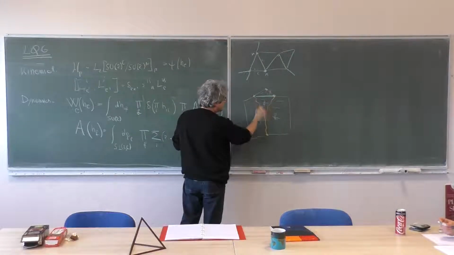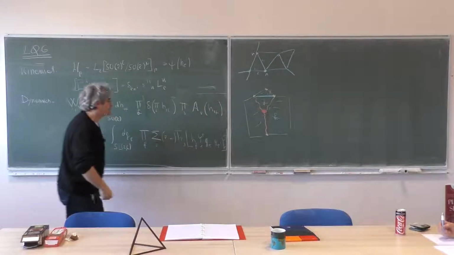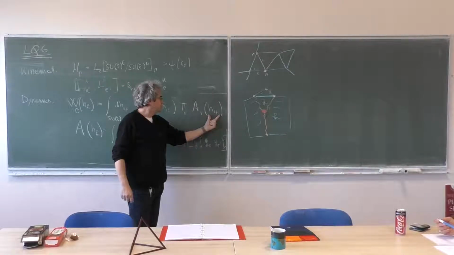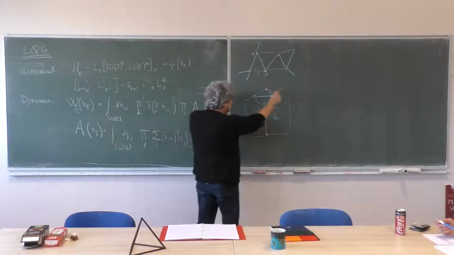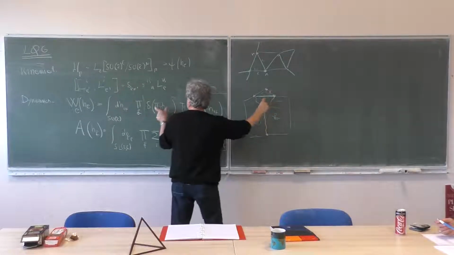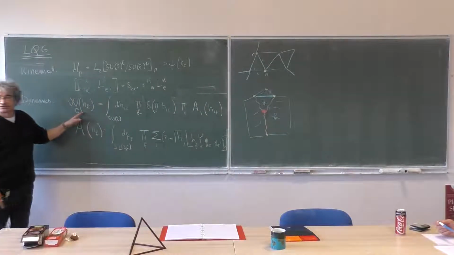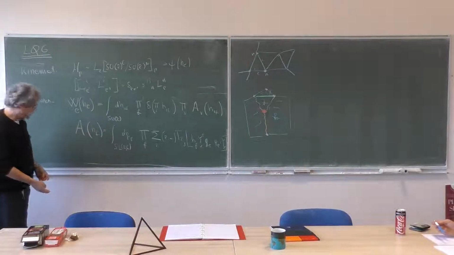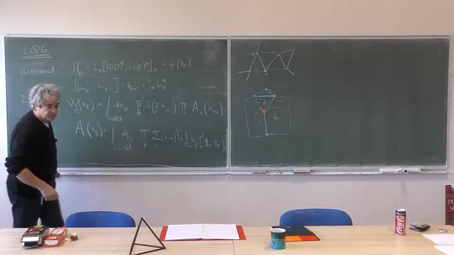So I integrated the SL2C element here. There are these SU2 elements, which for the internal faces, if you're inside the two complex, you just put a delta function. If you're on the boundary, this is the boundary spin network, right? This is the way things fit together. This is how the theory works.